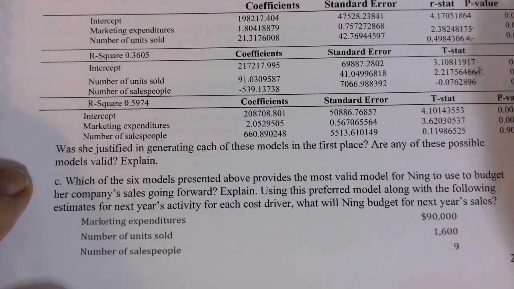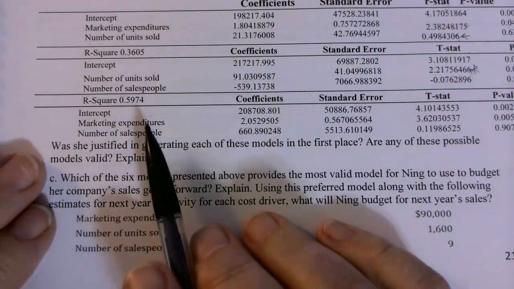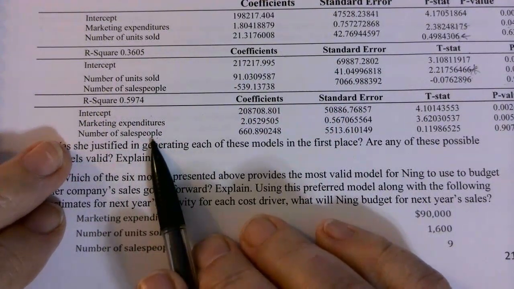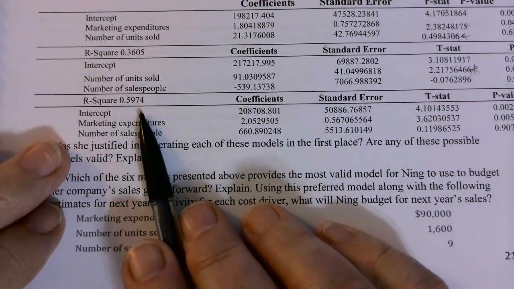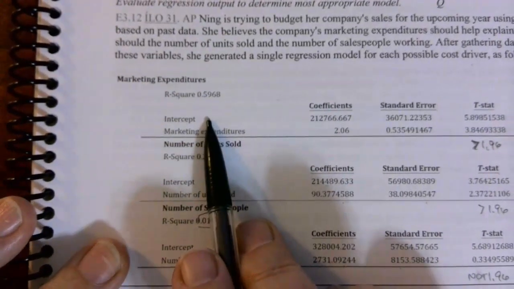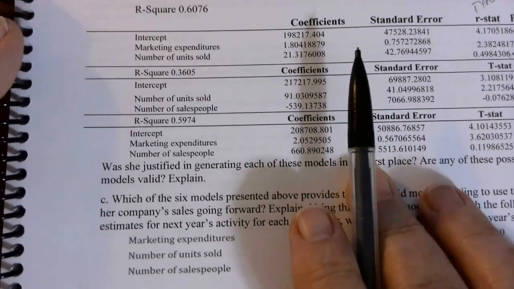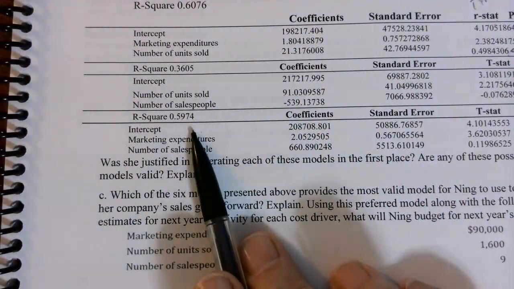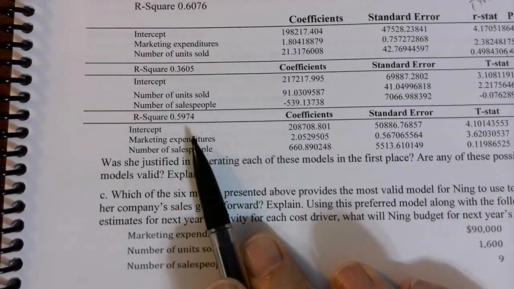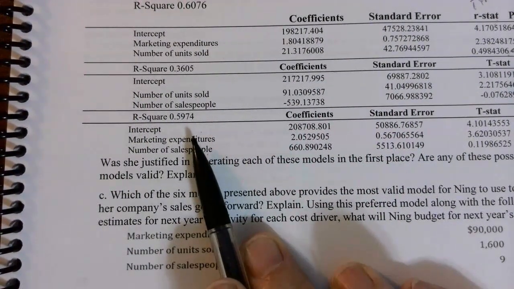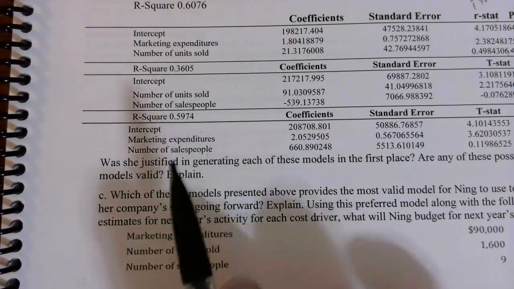The last one is marketing expenditures and the number of salespeople. Our R-square for marketing alone was 0.5968, and this one is 0.5974, so there's not enough difference between the two.